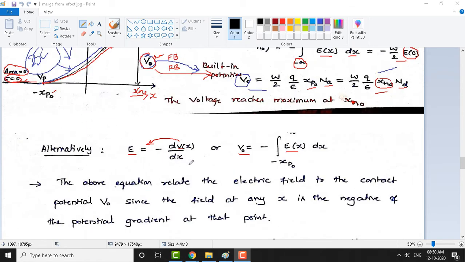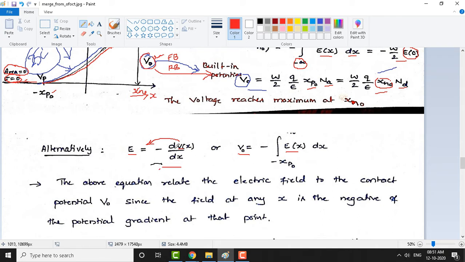Okay, so we have this popular equation, E is equal to minus dV by dx.